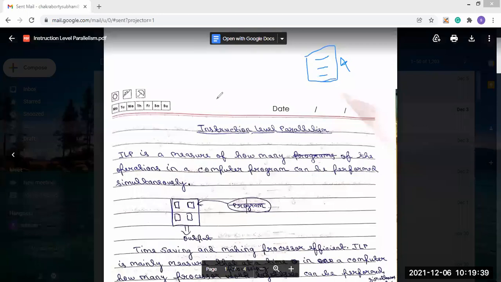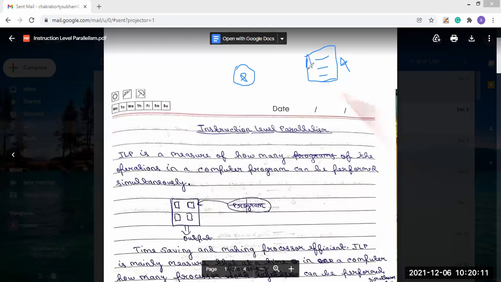Now if we use a single processor system and process this program, let's say each of the 4 instructions requires 1 unit of time for our processor to execute.